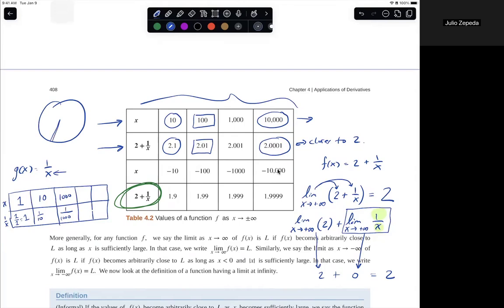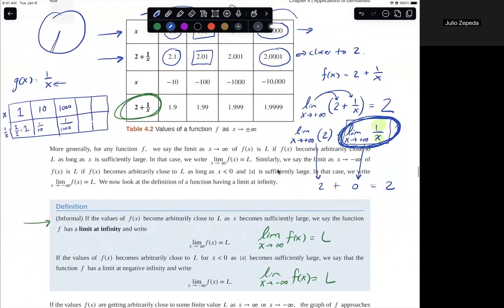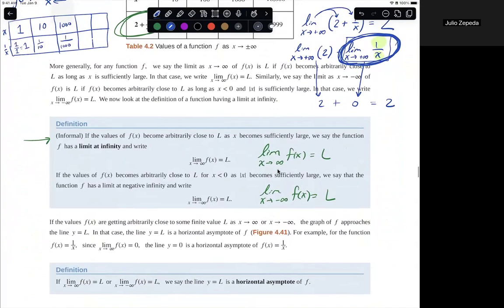You can imagine sharing with 1,000,000 people, you would get 1/1,000,000th of the cookie. So that's a very important idea to remember: if the denominator grows very rapidly, and the numerator is constant, then that fraction is going to go to 0 as the denominator goes to infinity. That will come up a few times in this section.